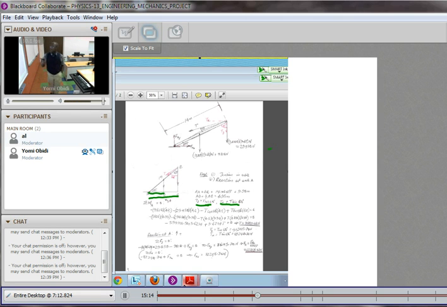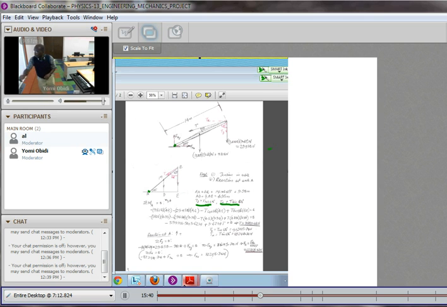With that set in place, let us proceed to take moment about point A. Remember the arrangement, the design that we have, this is the hinge. This is where the forces FY and FX are acting from.